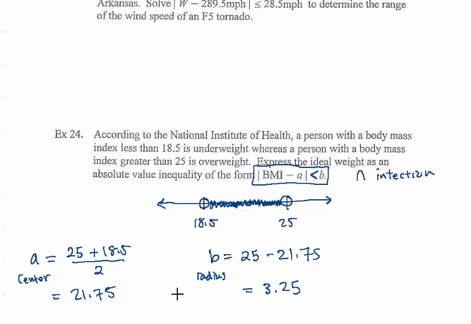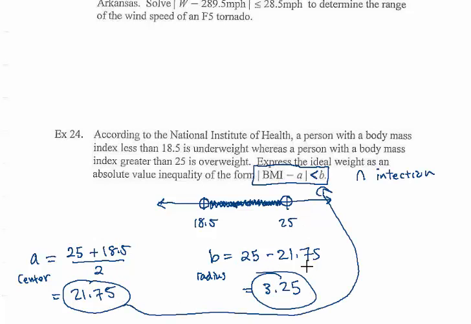Alright, so with these two numbers, A and B, the center and the radius, all we do is take both of them and dump them back into our inequality. We keep the BMI. We write subtract 21.75 and then less than our radius, and I ran out of room.